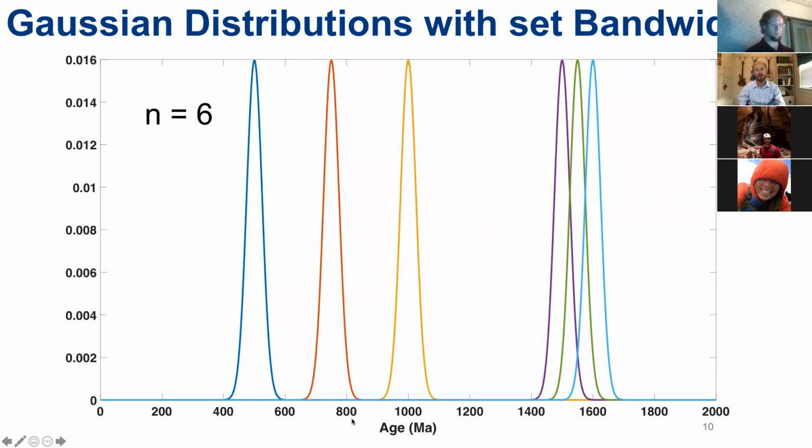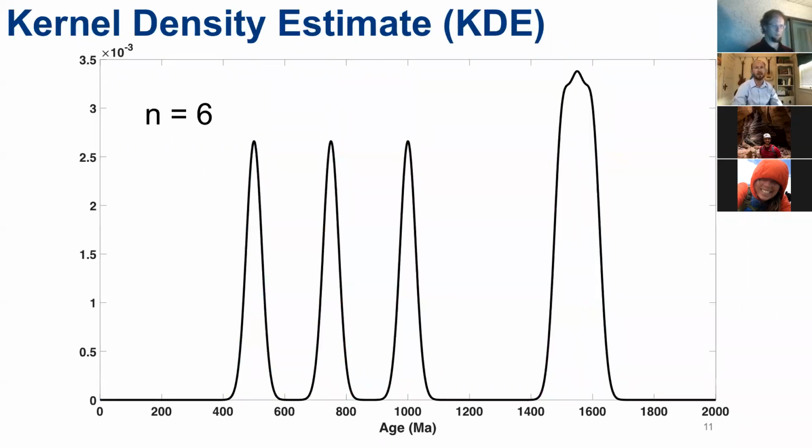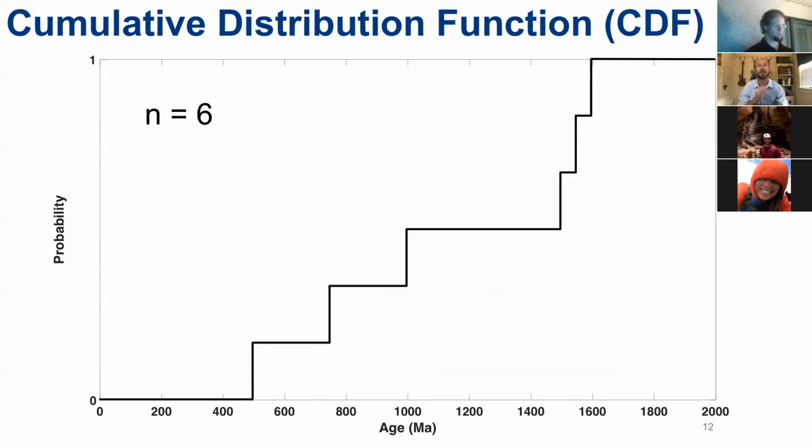Okay, but we do the same thing: we add all of those together and then normalize. Now we get what's termed a kernel density estimate. And again, the area under this curve is 1. Okay, and the strengths and weaknesses of probability density plots and kernel density estimates, PDPs and KDEs, will hopefully become apparent in a few slides when I start showing examples of real data.